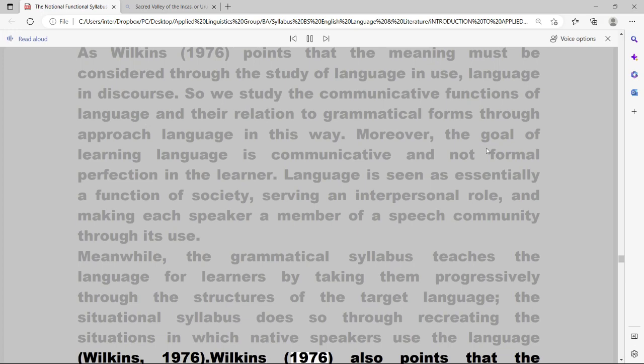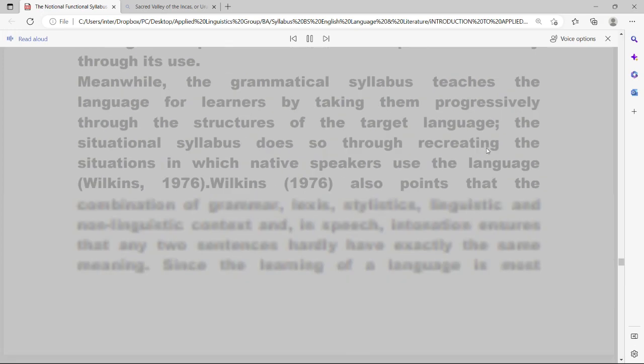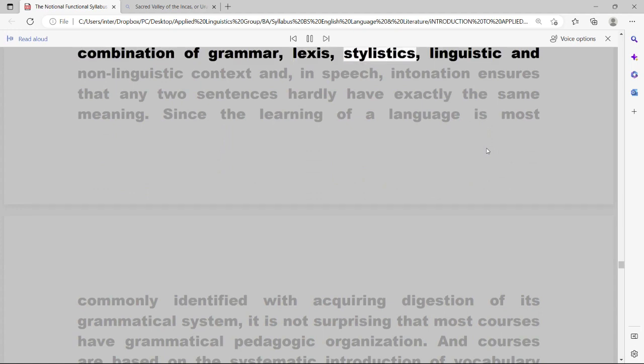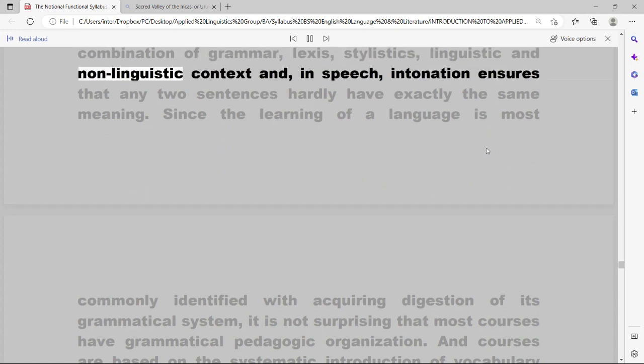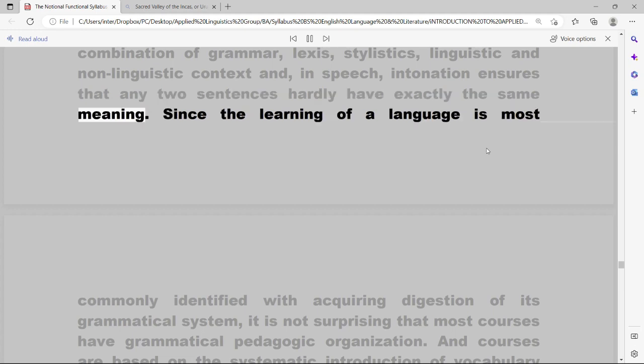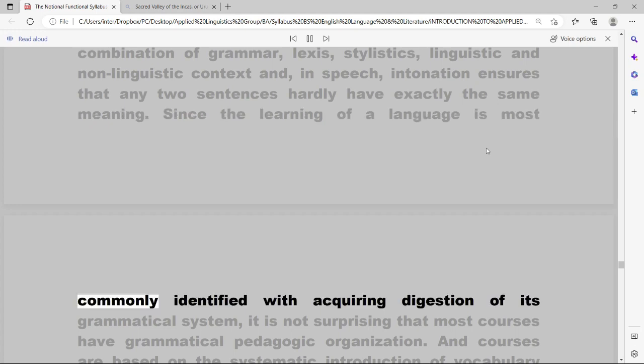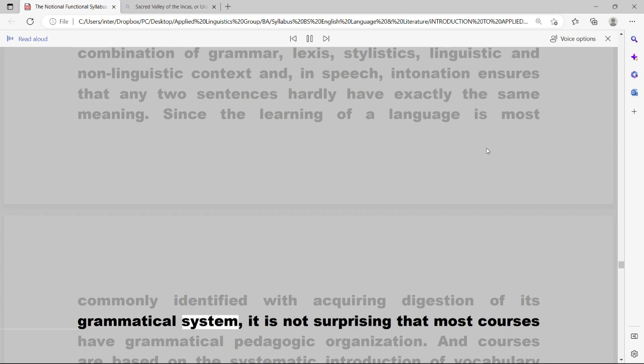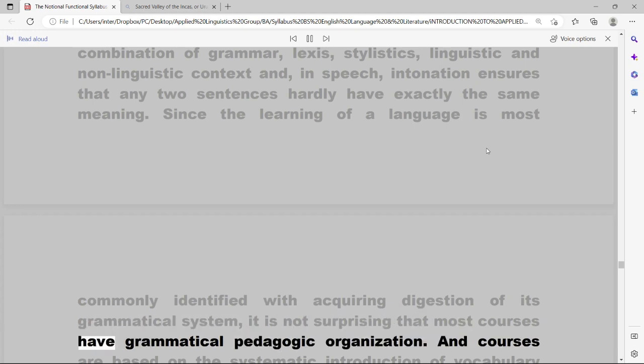Wilkins, 1976, also points out that the combination of grammar, lexis, stylistics, linguistic and non-linguistic context and, in speech, intonation ensures that any two sentences hardly have exactly the same meaning. Since the learning of a language is most commonly identified with acquiring its grammatical system, it is not surprising that most courses have a grammatical pedagogic organization.